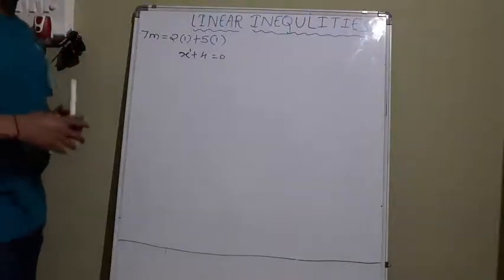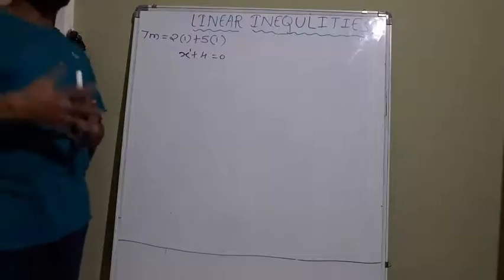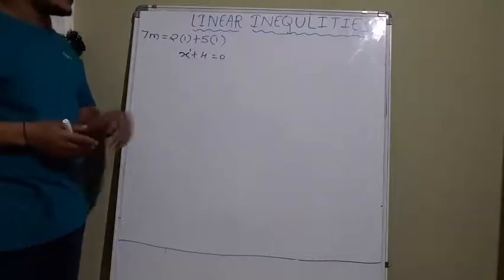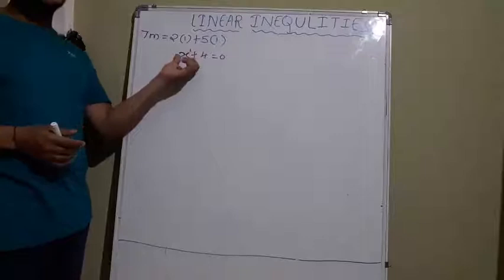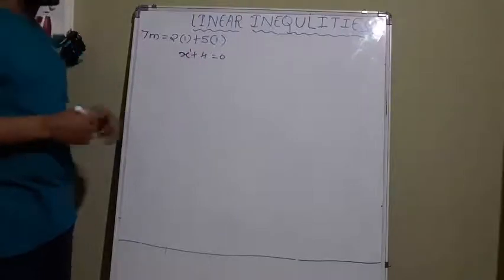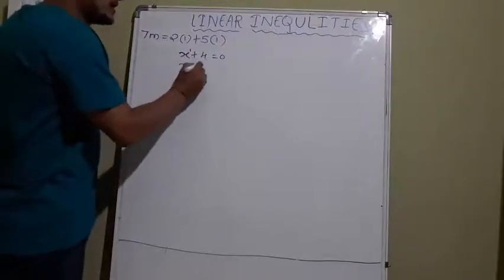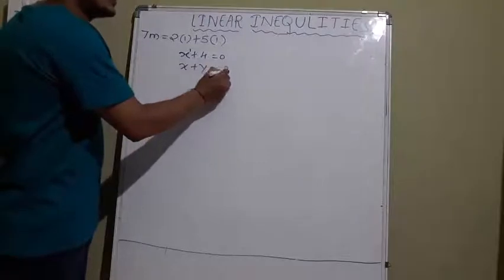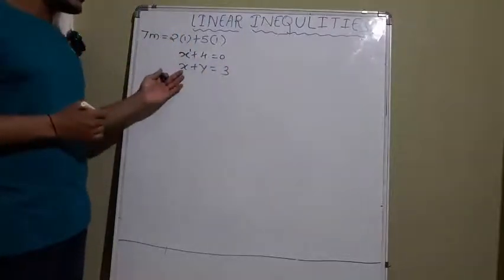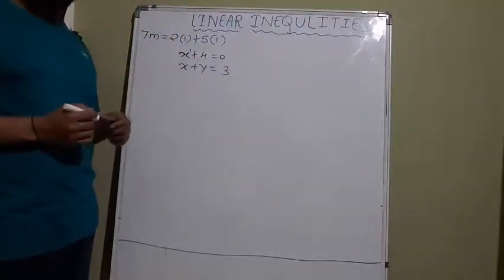Now we have different types of linear equations, like linear equations with one variable. This equation is a linear equation with one variable. I may write it like this also, x + y = 3. This is a linear equation with two variables, x and y.